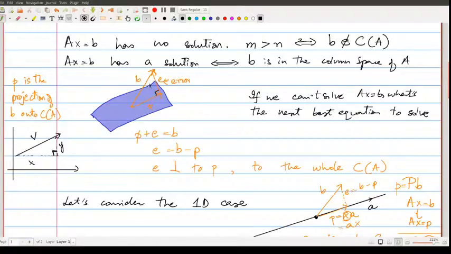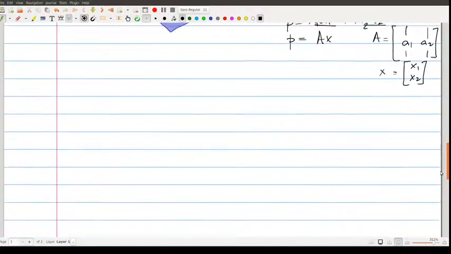And the idea is that now I have got a component of B which is in this column space. So that's what I mean when I'm saying that P is the projection of B, right? Does that make sense for you?